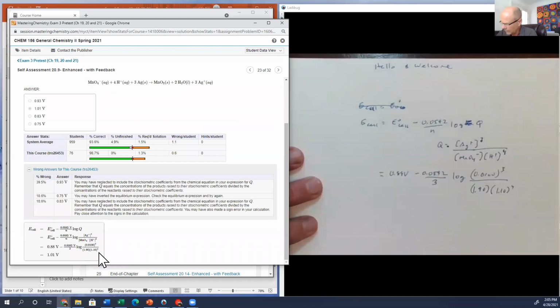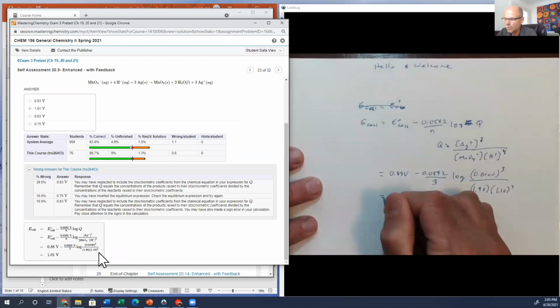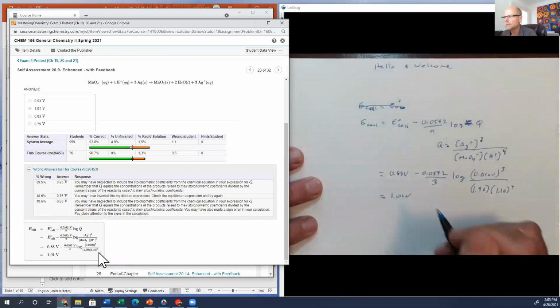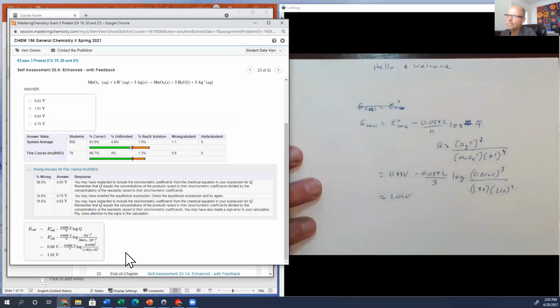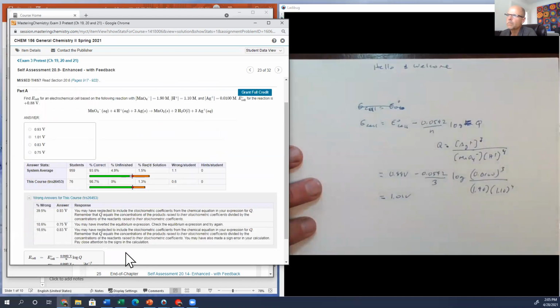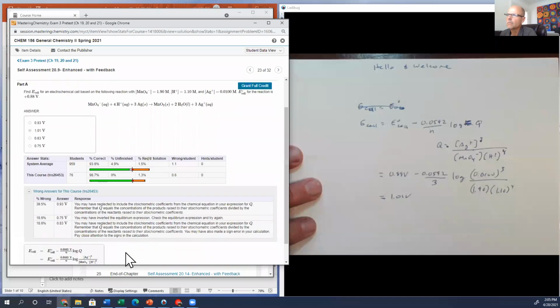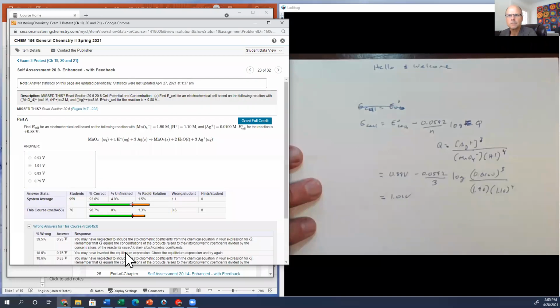In this case, that comes out to be 1.01 volts. Does that make sense?